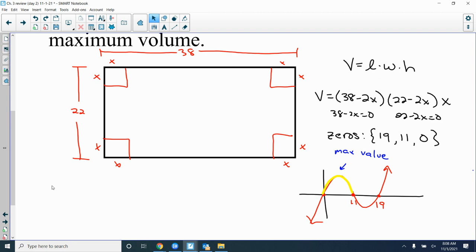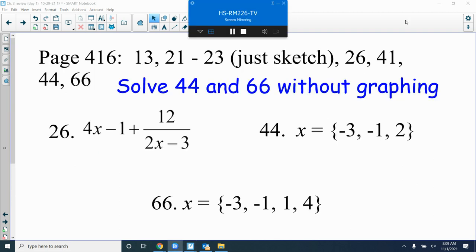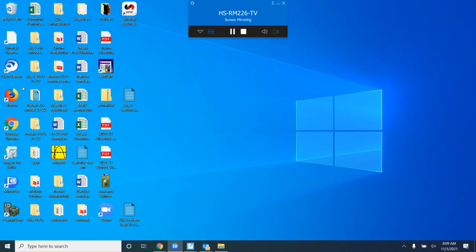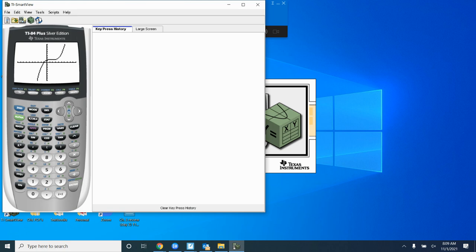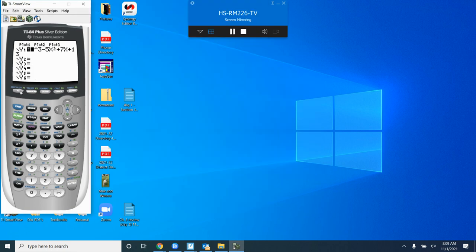All right, let me pull up my calculator. Y equals, clear.